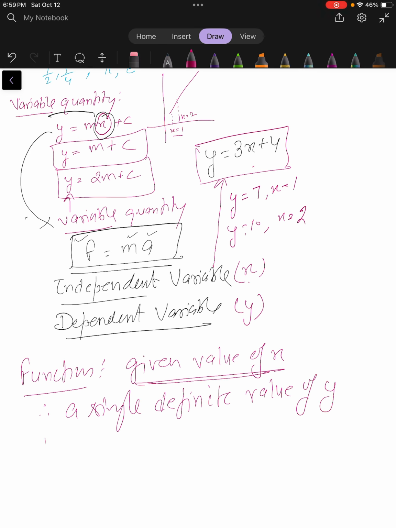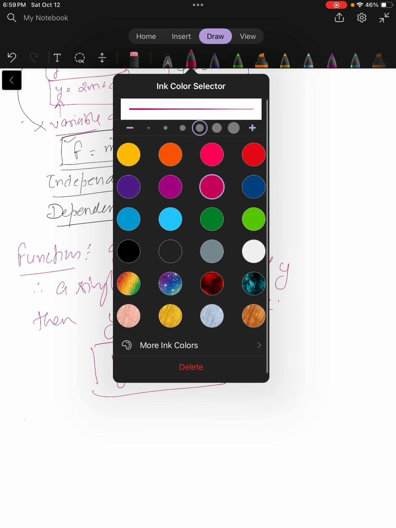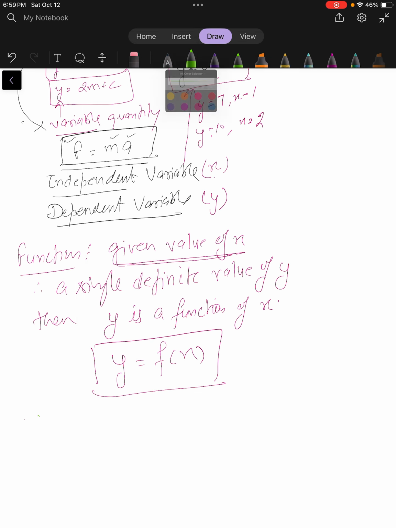Then we can say that y is a function of x. This is the denotation of a function: y = f(x). Let's take an example to understand it in a better way.